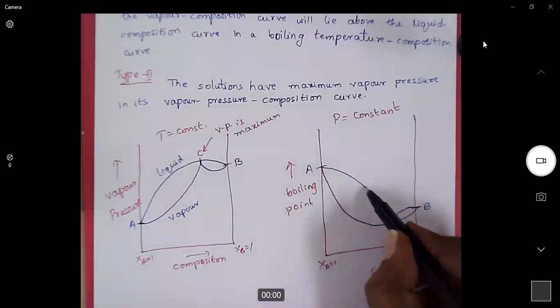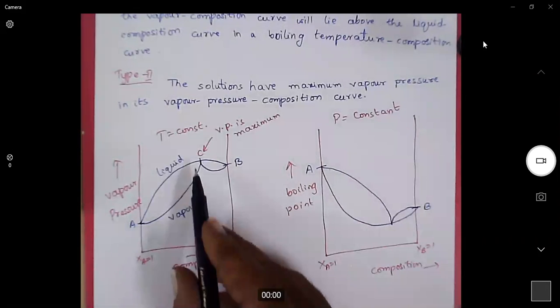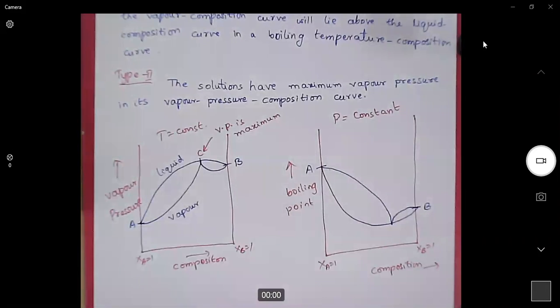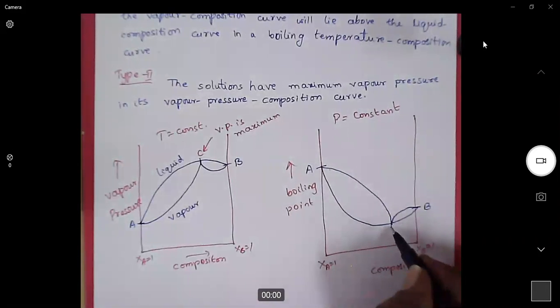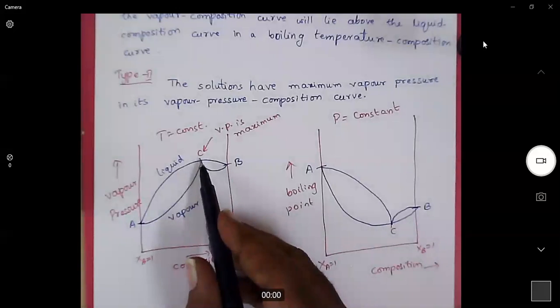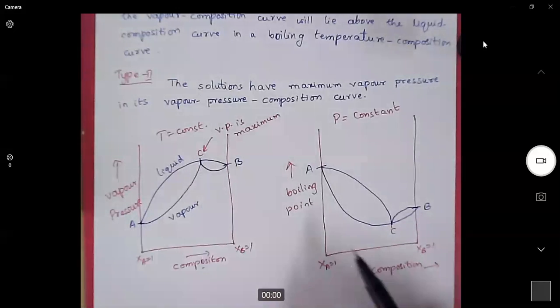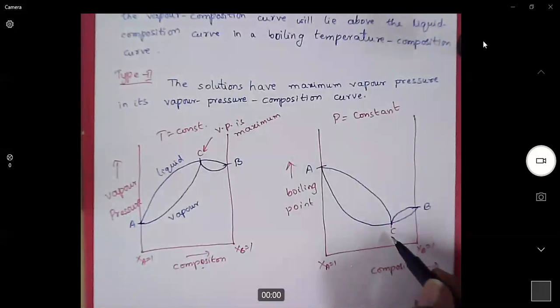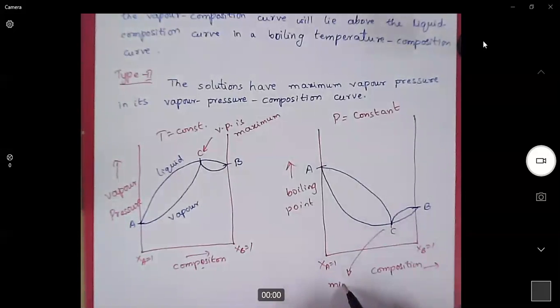Because the boiling point vapor pressure composition has a maximum at point C, the vapor pressure composition is having a maximum vapor pressure at point C. The boiling point composition curve will have a minimum at point C. This is the minimum boiling point.